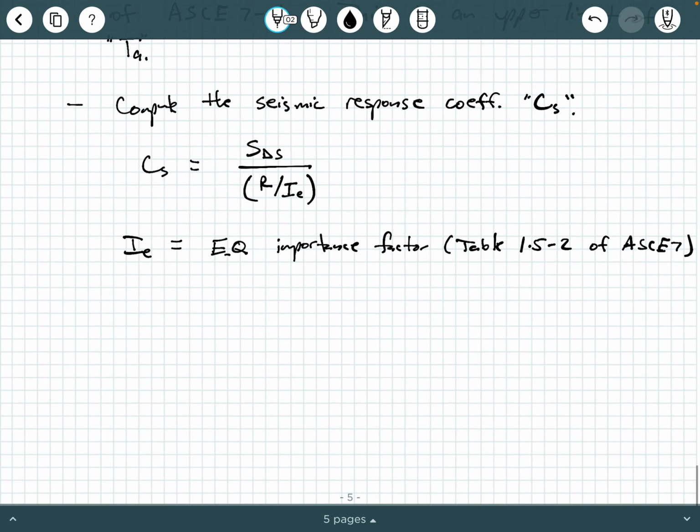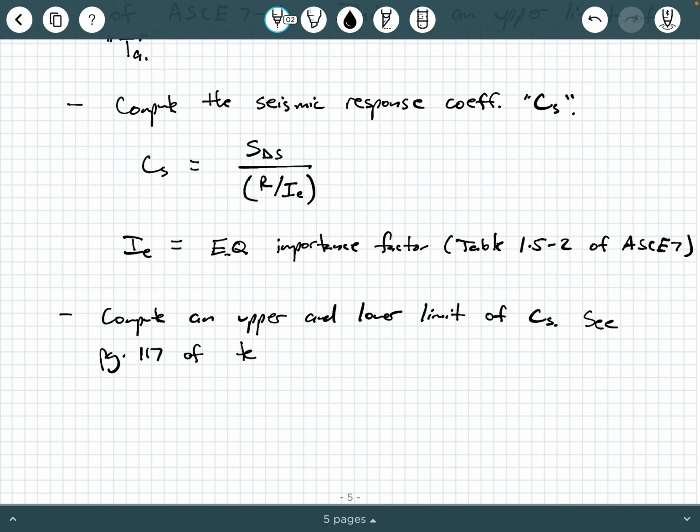Now we must compute an upper and lower limit of C sub S, okay? So if you're taking a look at the textbook, there's upper and lower limit stipulations on page 117 of the text. So read this carefully, okay?